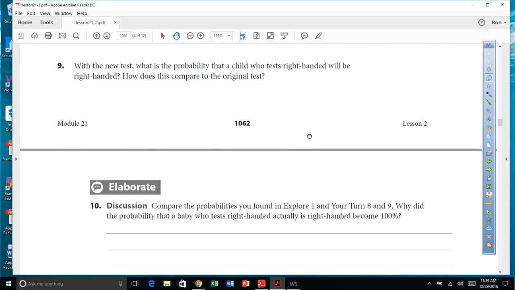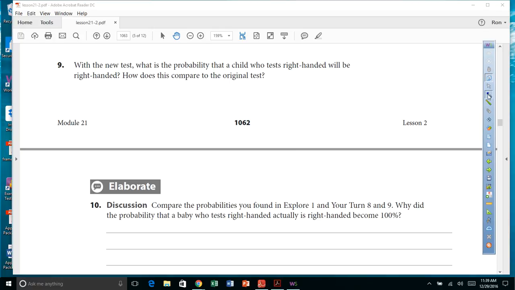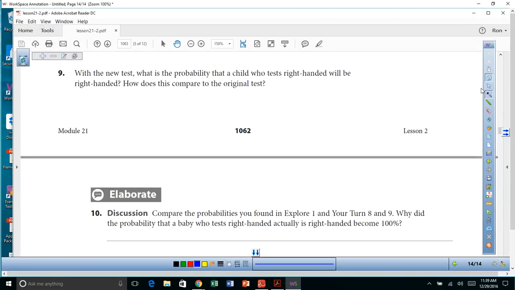With the new test, what is the probability that a child who tests right-handed will be right-handed? So we're going to have the probability of actually right-handed given they test right-handed.